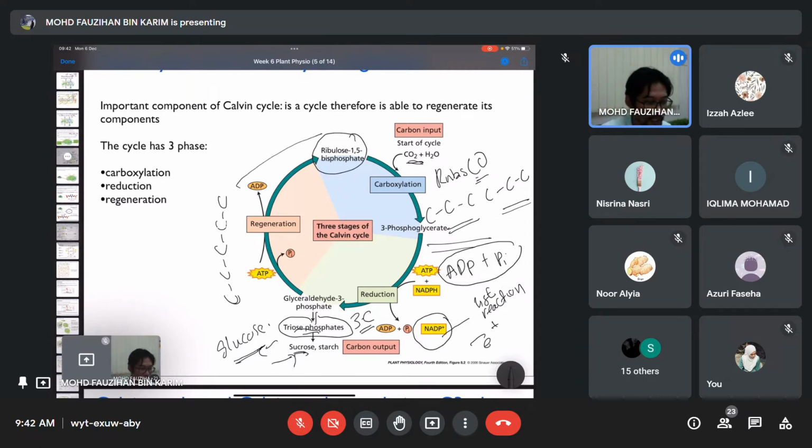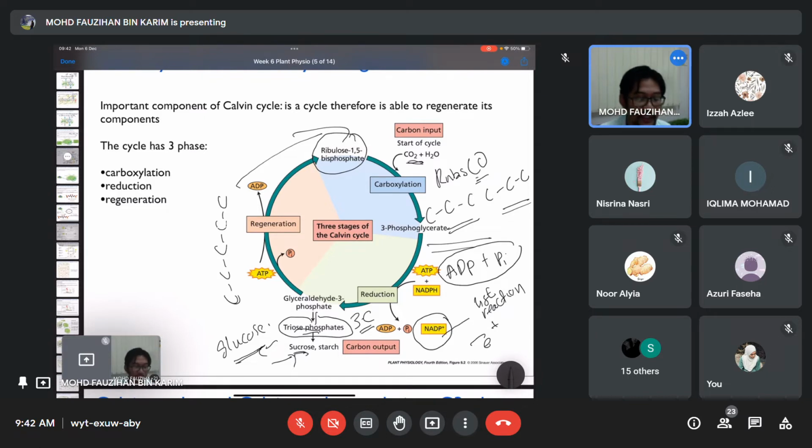So the process is continuous. We call it regeneration. And the regeneration process also needs ATP. Okay. But even though it involves ATP, it doesn't involve any electron transfer.